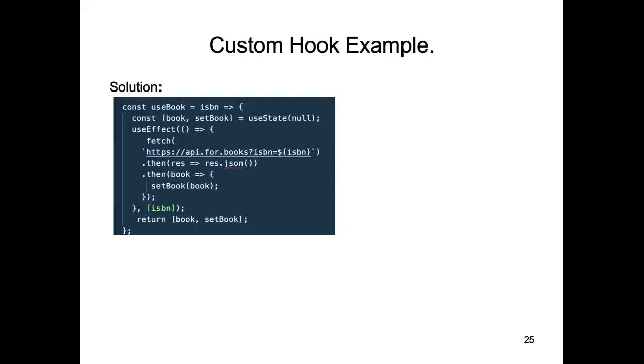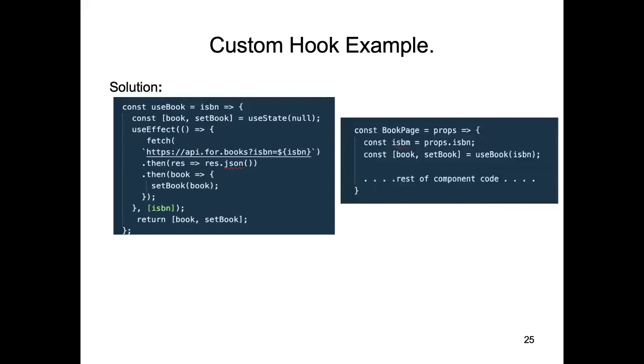But because it is a hook, I've prefixed its name with the use prefix, because this function can only be invoked at the top level within a component. So it has the same restrictions as all hooks do. But other than that, it's a plain old function implementation. And in terms of using this custom hook, it looks like what you're seeing on the right.